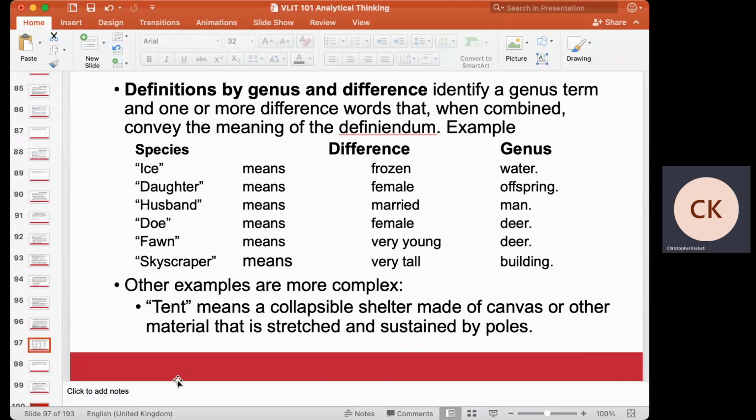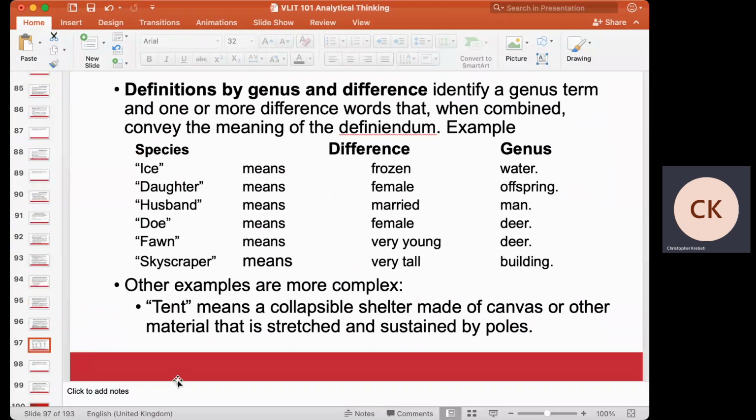Then we have the fourth group, which is referred to as definition by genus and difference. These identify a genus term and one or more different words that, when combined, convey the meaning of the definition.